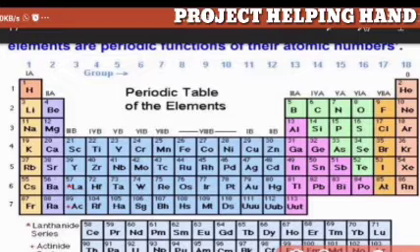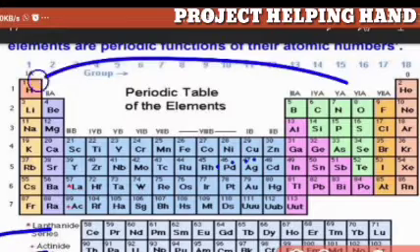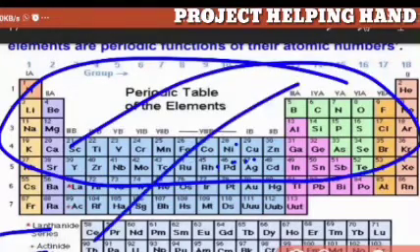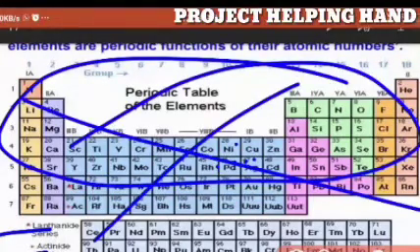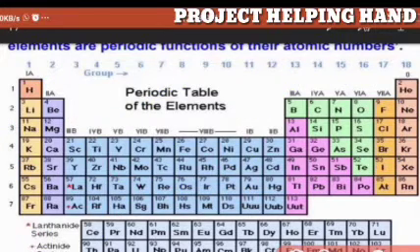And the second thing is that if lanthanides and actinides are included in the periods here, the arrangement of the modern periodic table will be disturbed, and because of that they are kept separately.